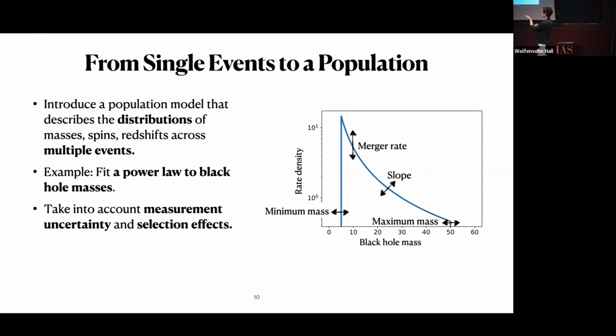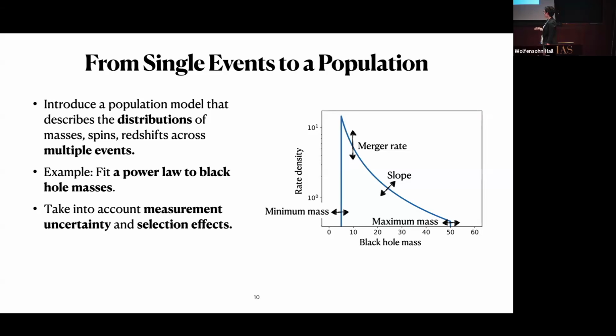So a first example you might think of, if you are an astronomer and you love power laws, as Chiara explained yesterday, right? Astronomers love power laws. So you could fit a power law to black hole masses. And so that would look something like this, where you have the rate density as a function of black hole primary mass. And this is a power law distribution with some free parameters, for example, the minimum mass, the slope of the power law, the maximum mass, and then just what the merger rate is, which can move this up and down.